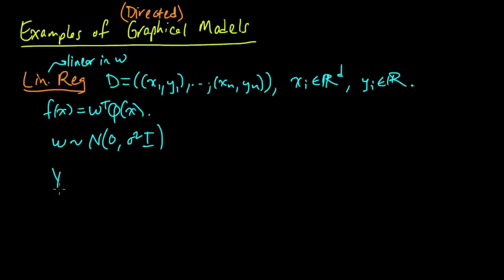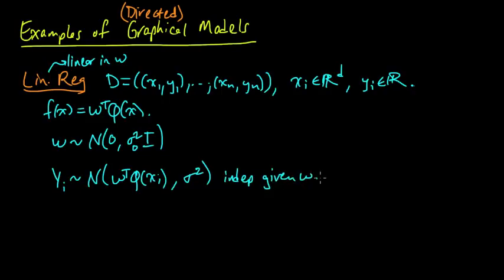And then each of these y's, yi, is normally distributed with mean w transpose phi of xi and some variance sigma squared. And these are conditionally independent given w. So this is the linear regression model.